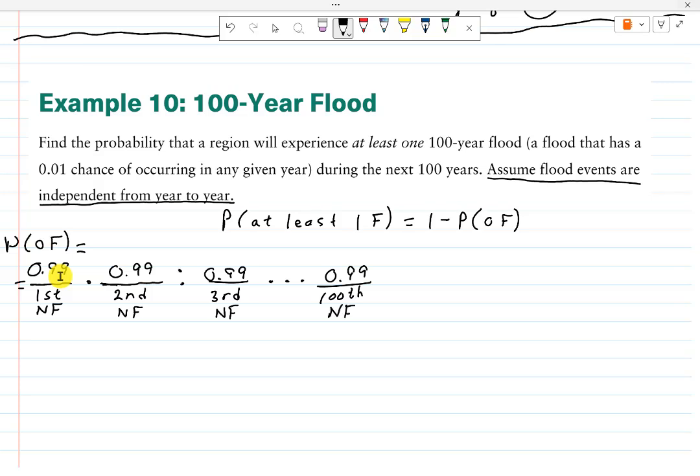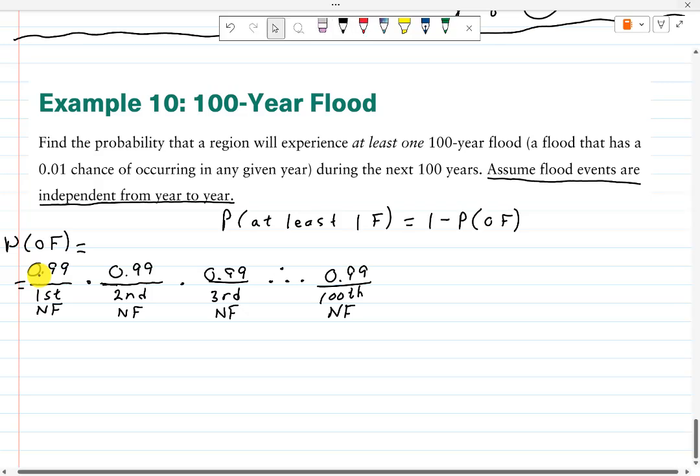These are all multiplied together. So then what we're going to have is 0.99 times 0.99 times 0.99, all the way to 100 times.